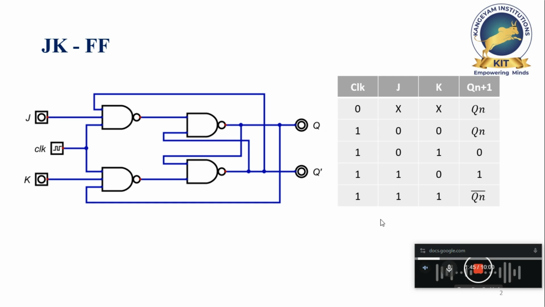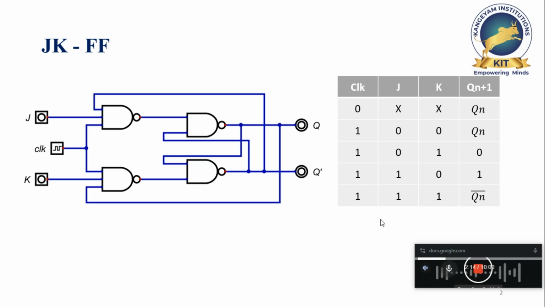Again, what happens if you maintain the same input for a long period of time? The output continuously changes. For example, if it is 0 it will change to 1, again it will change to 0, again to 1, again to 0, until any one of the inputs is changed.